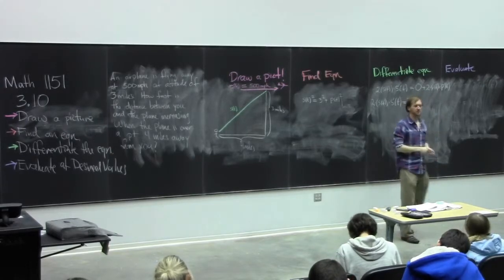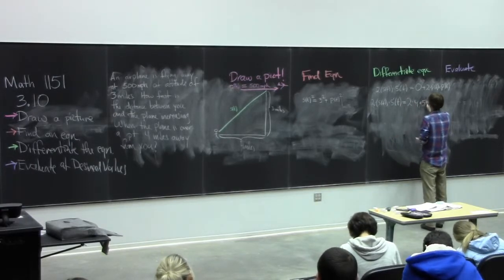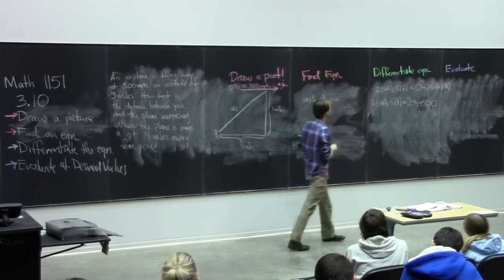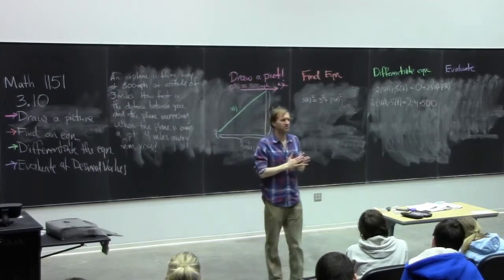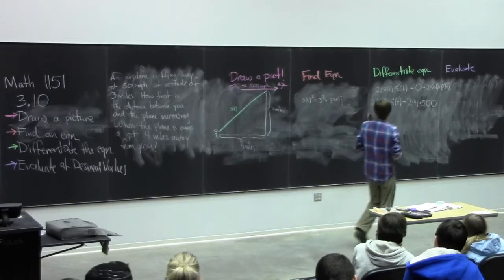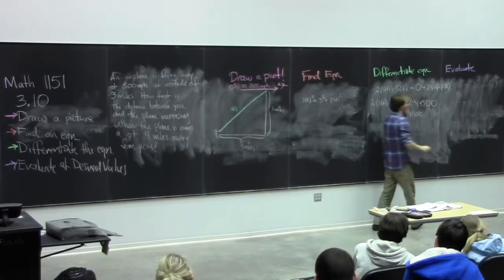And p prime is 500. 2 times 4 is 8 times 500. Oh, 8 times 5 is 40, right? So this thing's equal to 4,000, is that right? 4,000?